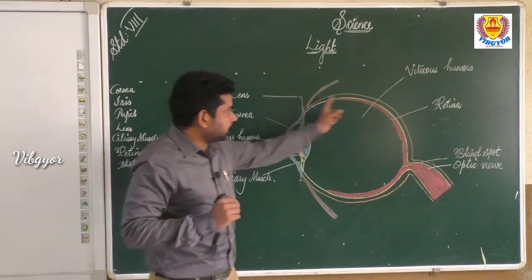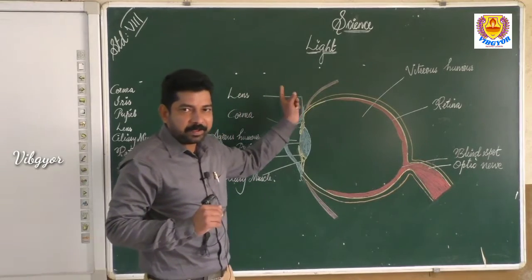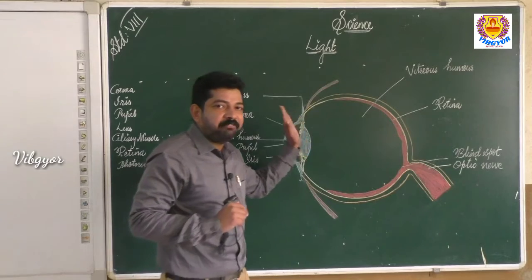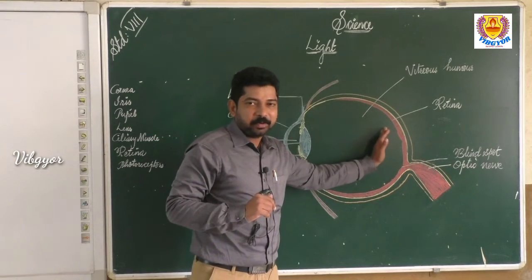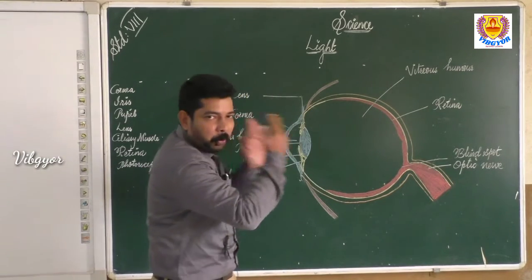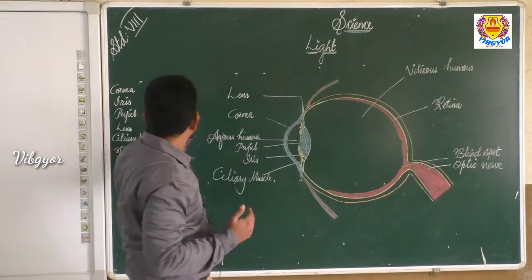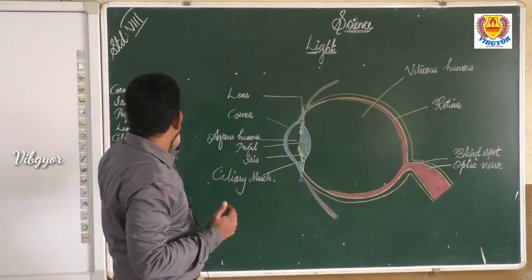And this is the human eye, and it is spherical in shape. If you want, we can divide it into two halves. In the first half there will be the cornea, iris, pupil and lens.